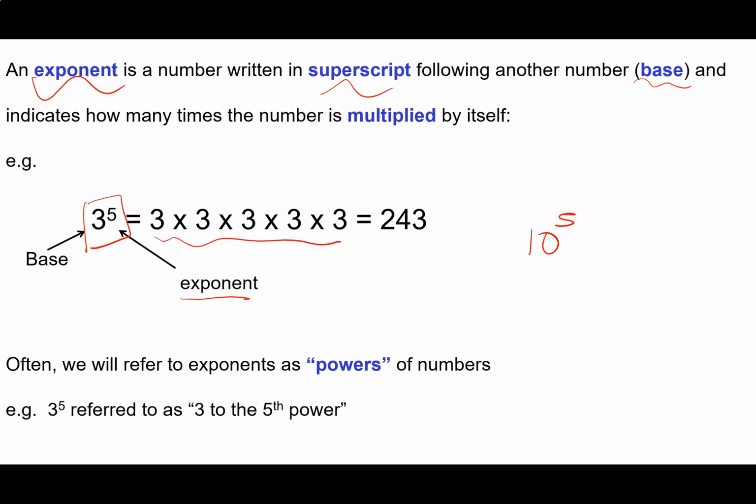So sometimes these exponents are referred to as powers. So we would call this 3 to the power of 5 or 3 to the 5th power. So this would be 3 to the 4th power or 3 to the power of 4. So you kind of get used to that kind of language.